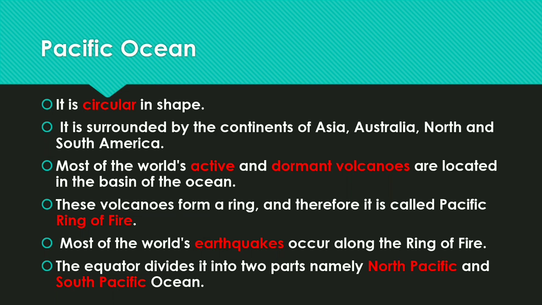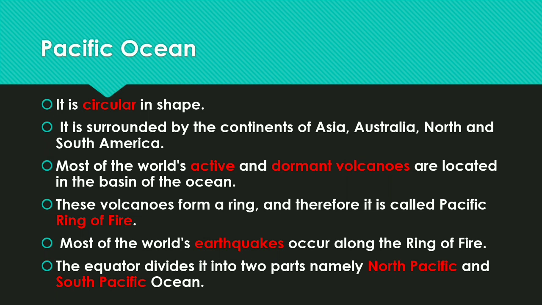These volcanoes are in the shape of a ring, so it is called the Pacific Ring of Fire. Most of the world's earthquakes also occur along the ring of fire.